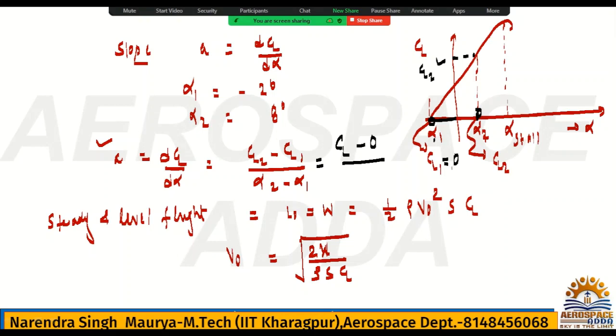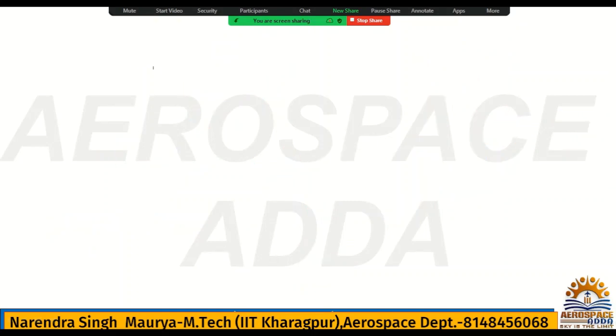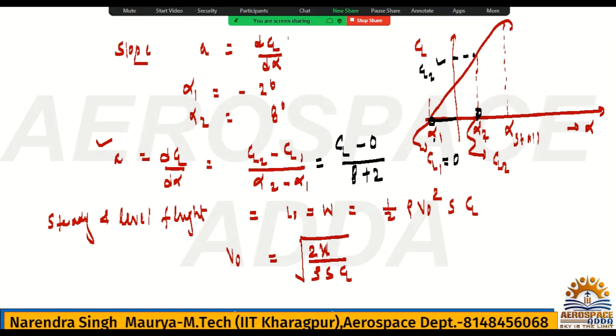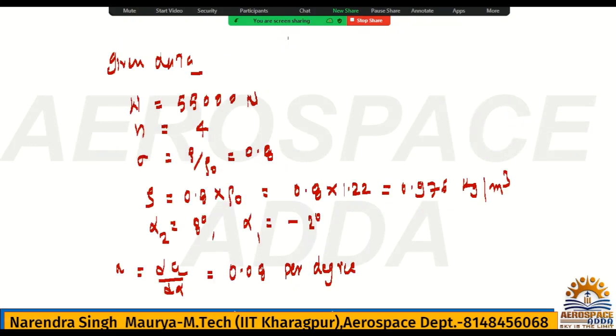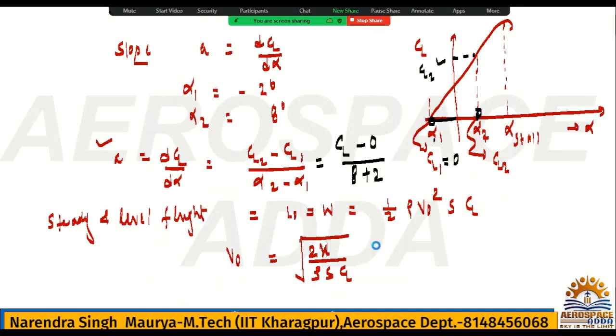And alpha 2 is 8 degrees, and alpha 1 is minus 2 degrees. Now, A is the slope dCL by d alpha. It is given as a slope of 0.08 per degree.